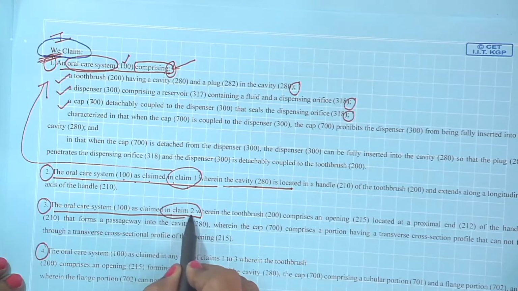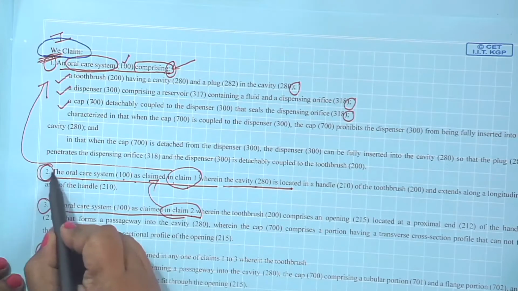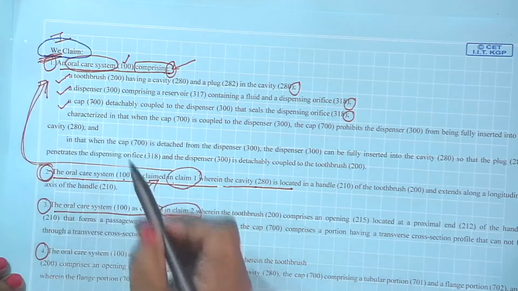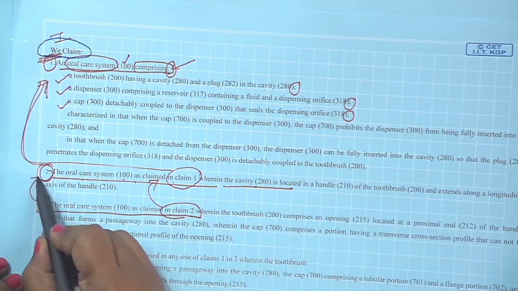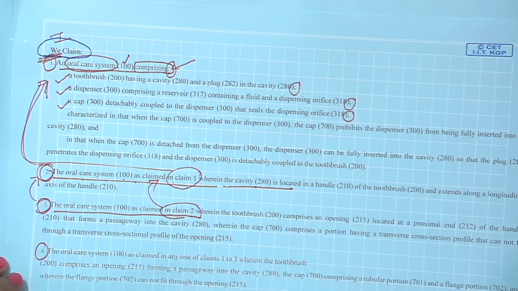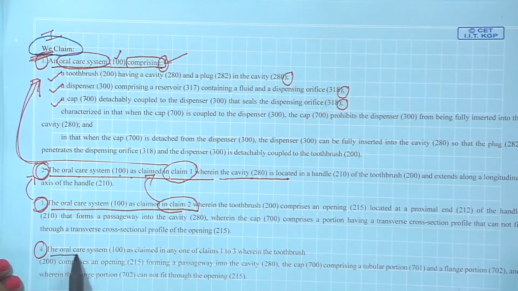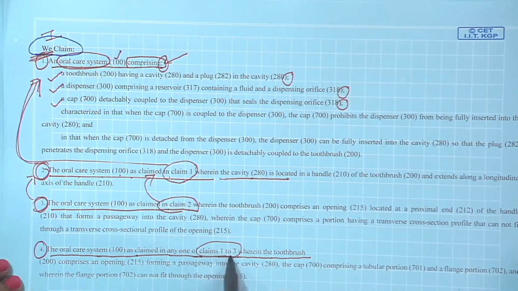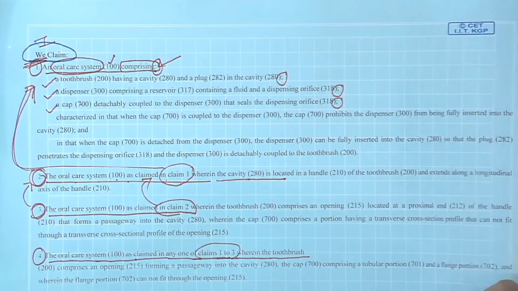Now, it is referring to claim 2. So, you can see that the second claim is referring to the first claim, and the third claim is referring to the second claim. Then see how it is written: the oral care system as claimed in any one of the claims 1 to 3, wherein. So, now you have to refer to claims 1 to 3 and then read the next lines.